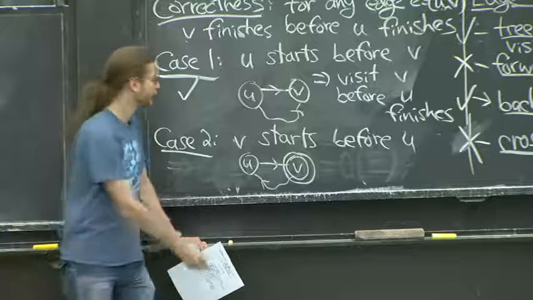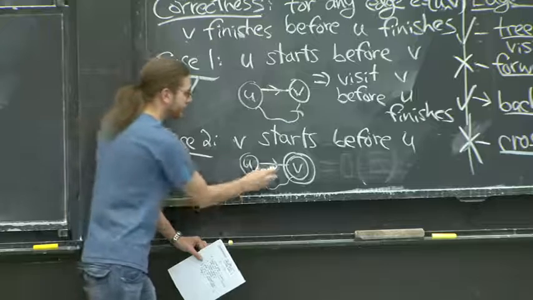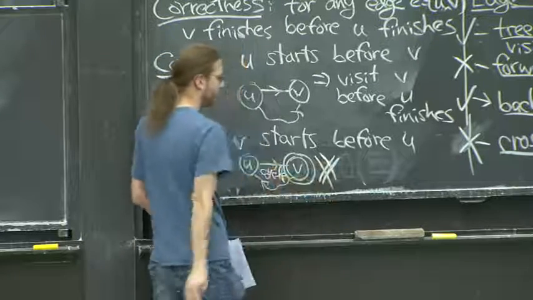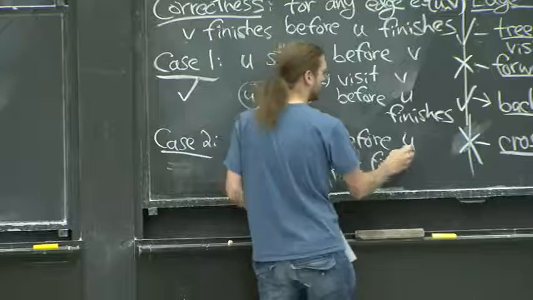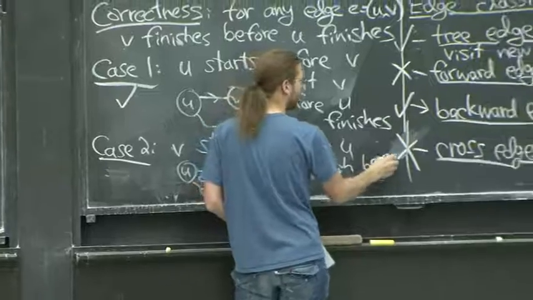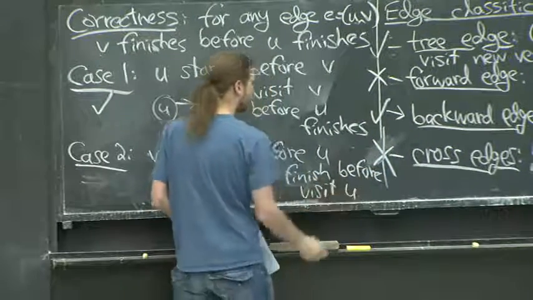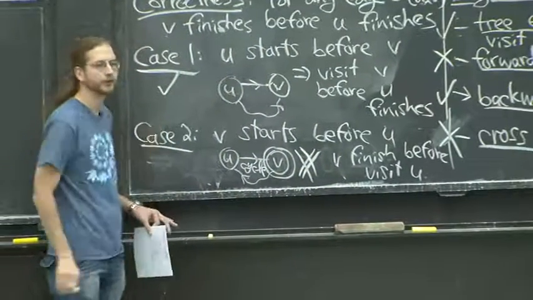Because there's a back edge somewhere here. In particular, the graph would have to be cyclic. This is a cycle. So this can't happen. A contradiction. So v will finish before we visit u at all. So v will still finish first, because we don't even touch u, because there are no cycles.